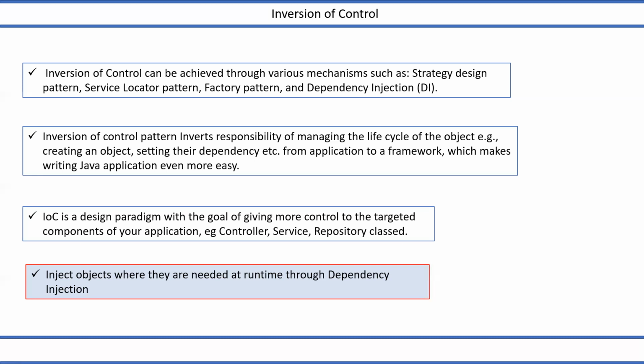So when I talk about inversion of control, we basically believe that a Spring Boot application is nothing but a bunch of objects that are automatically created by Spring Boot. Instead of us creating the object, we've given that control to a framework, and the framework creates those objects.